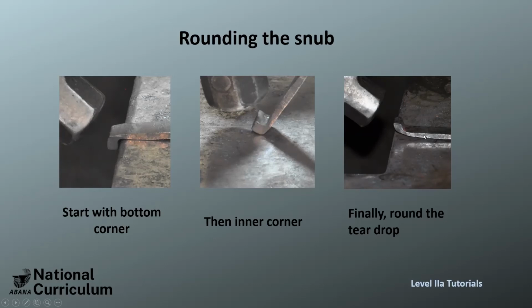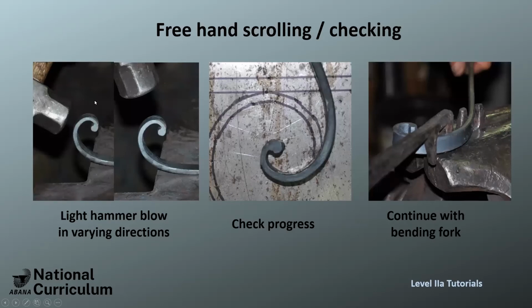And then you go and round the teardrop, and then work it from the other side, check progress, and go on with a bending fork. Sometimes it's useful to have two bending forks. Sometimes it works just with your free hand at the end.